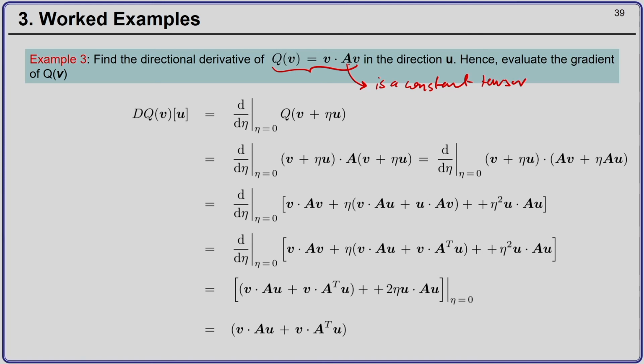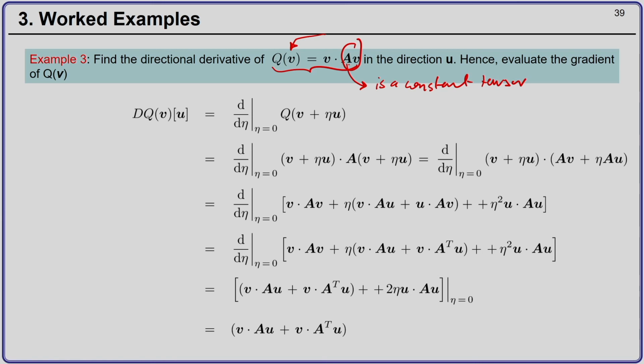So, what it means is you have this quadratic function. It is a scalar value, q is a scalar value, because A v will be a vector, because a second order tensor operates on a vector v to give you another vector, and then you take a dot product with the vector itself. So, finally, you will have a scalar.